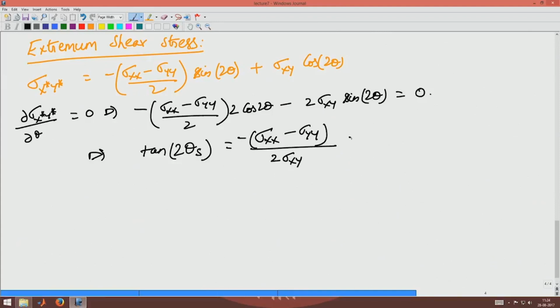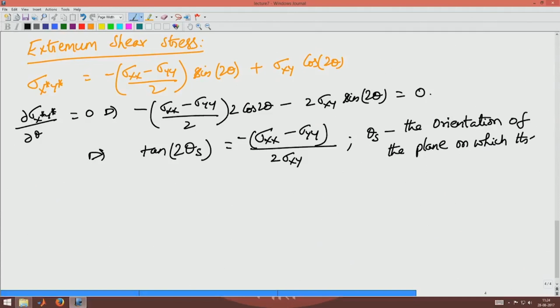Now here theta s is the orientation of the plane on which the maximum shear stress occurs.